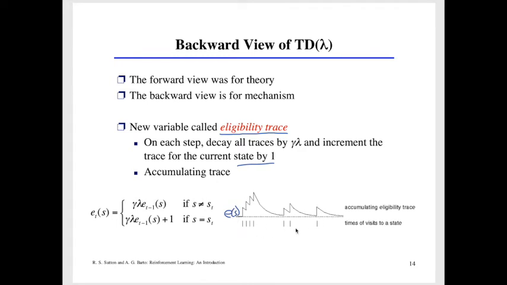All of these lines here would be the times you visited s directly. It got a little spike, went up by 1, and then decayed down. And here we didn't visit it for a very long time, and then we visited it again, and it went up and down. So why would we do this?